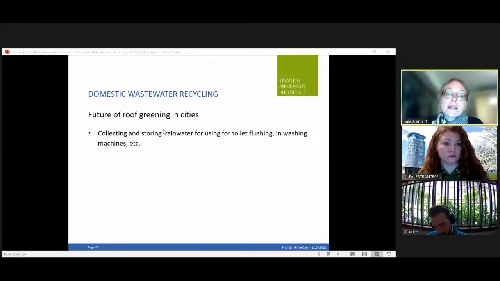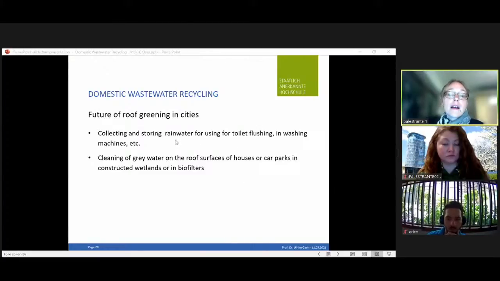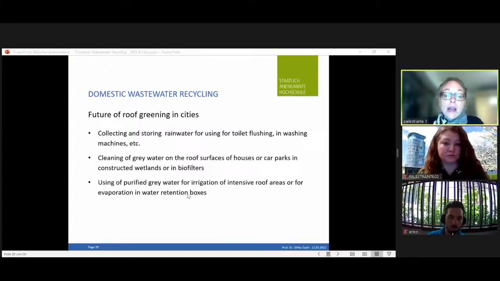So possibilities are that you collect and store the rainwater for using for toilet flushing or in washing machines, so you save water. Others are that you clean the gray water from the roof surfaces of houses or also car parks in constructed wetlands or also in biofilters. So this is possible. Or you can also use your purified gray water for irrigation.